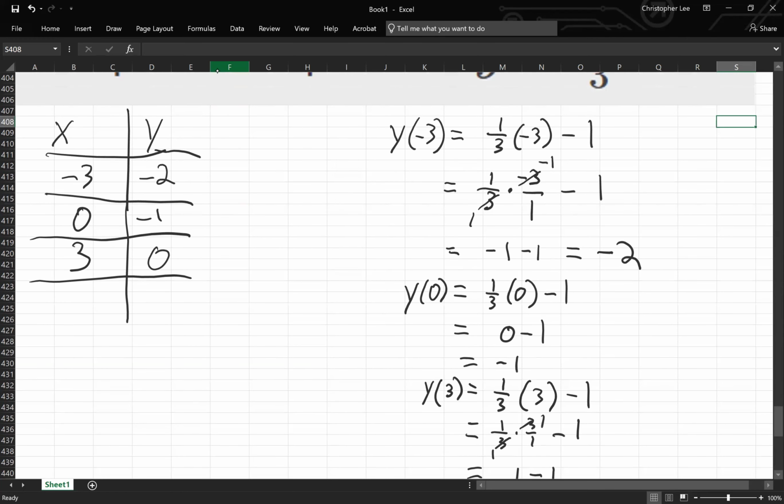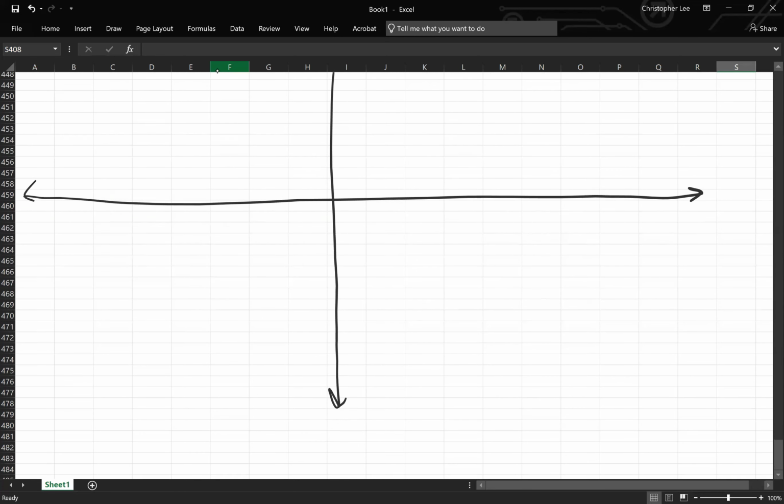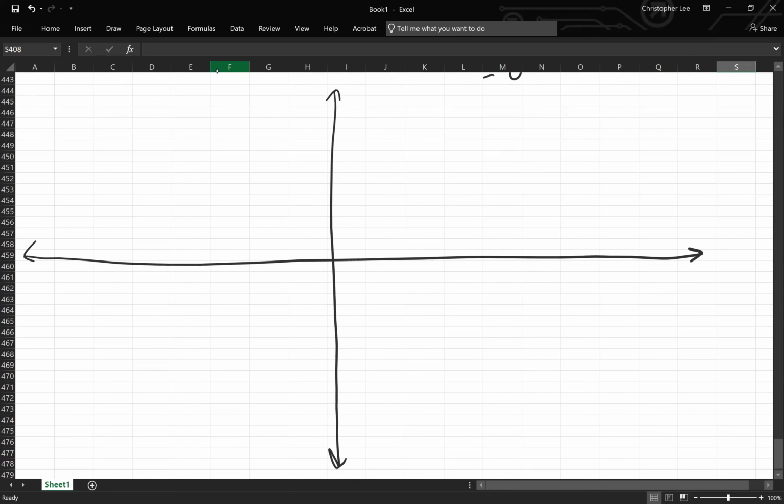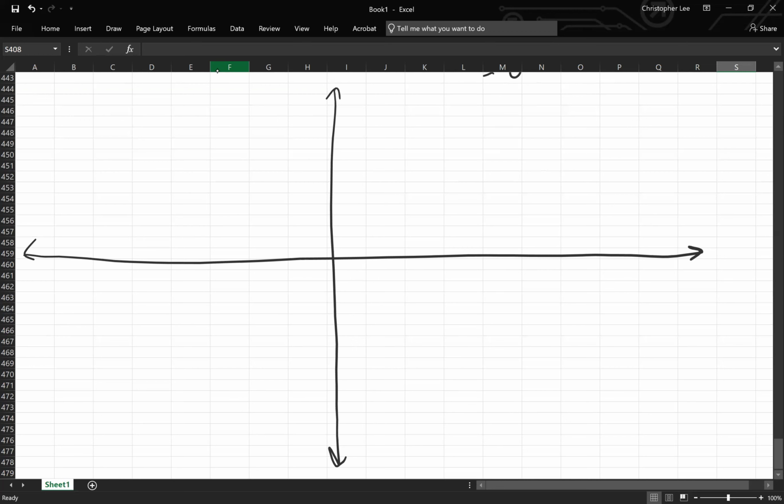Now, I'm just looking at the set of numbers that I have here. I have up to 3, right? You can make the axes longer, but all I need is 3 to successfully get this. I think I'm going to go to 4. So 1, 2, 3, and 4.